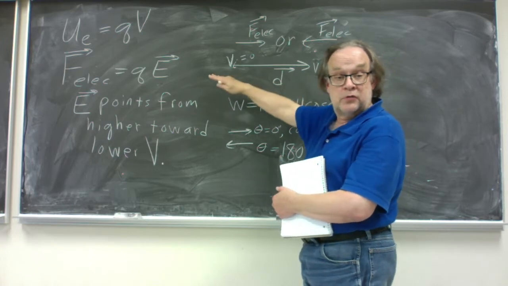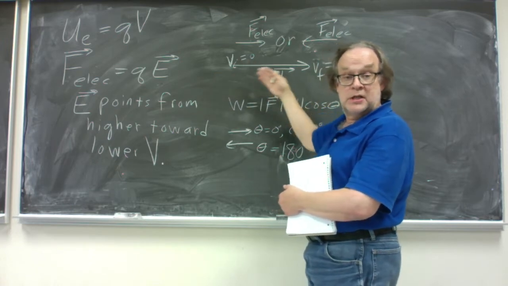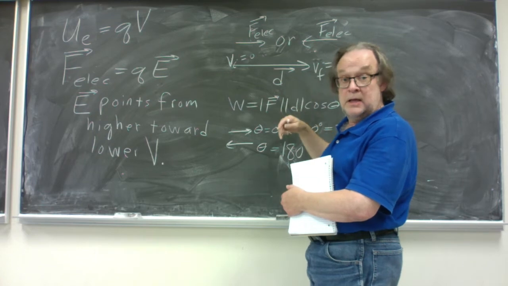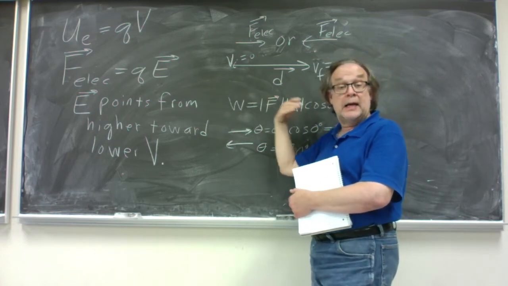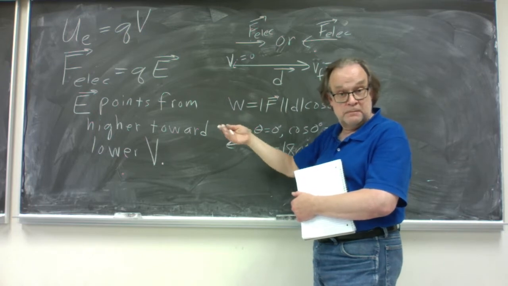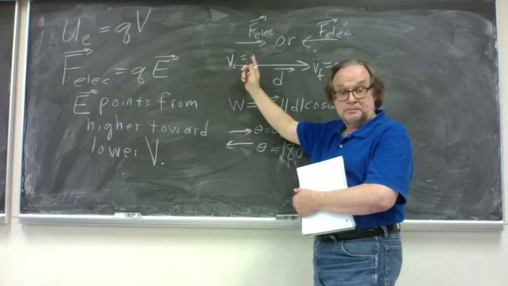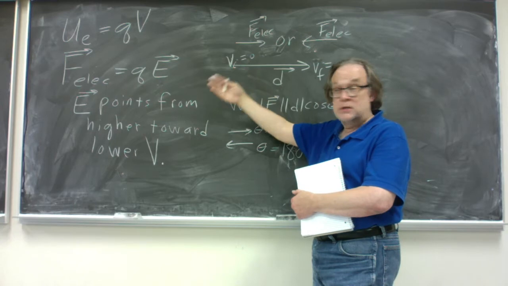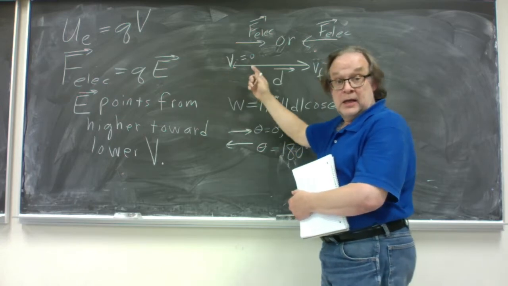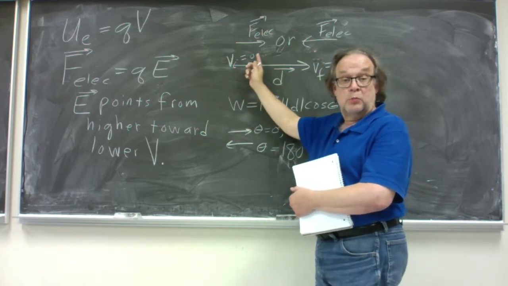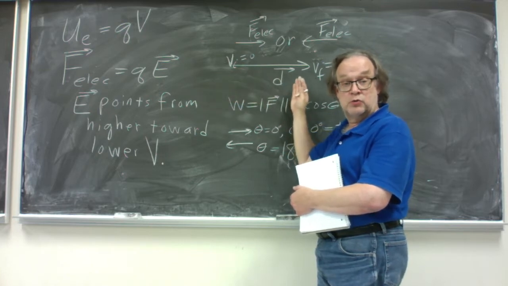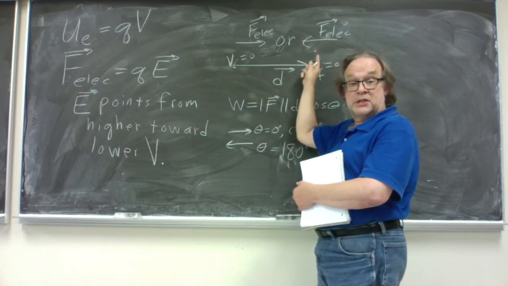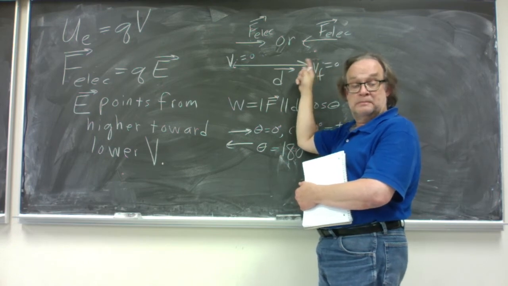So the final velocity and the initial velocity are both 0. And to keep it simple, we'll just say it moves along a straight line, and it feels some kind of force, an electric force, caused by an electric field. And that force will point either same direction as the direction of motion or opposite to the direction of motion.